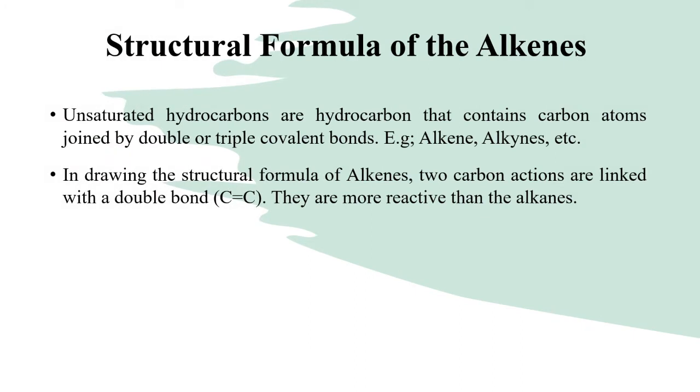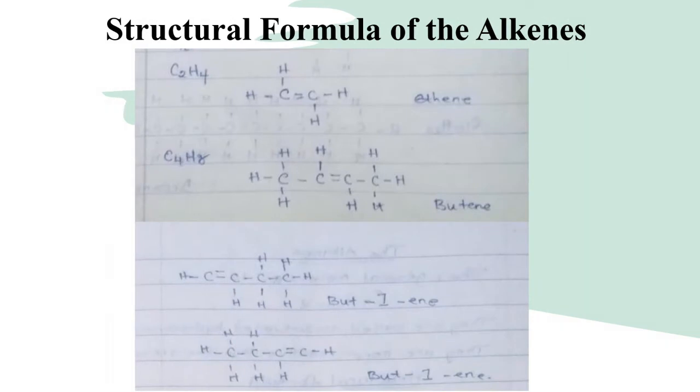Structural formula of alkenes. Unsaturated hydrocarbons are hydrocarbons that contain atoms joined by double or triple covalent bonds. So we have alkenes as an example. In drawing the structural formula of alkenes, two carbon atoms are linked with a double bond. From our example here, you have carbon 1 joined with carbon 2 with a double covalent bond.